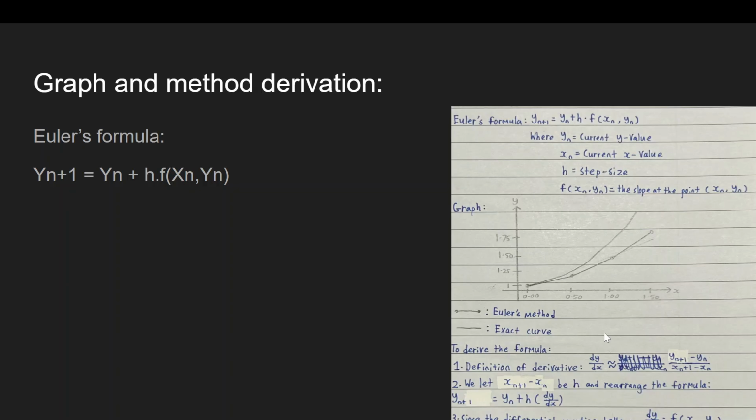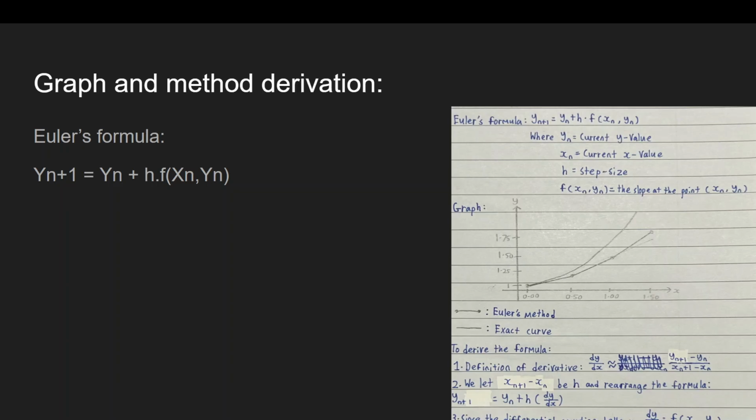To derive the formula, we allow dy/dx to be roughly equal to (y_{n+1} minus y_n) over (x_{n+1} minus x_n). Then we let x_{n+1} minus x_n be h and rearrange the formula to y_{n+1} equals y_n plus h times dy/dx.